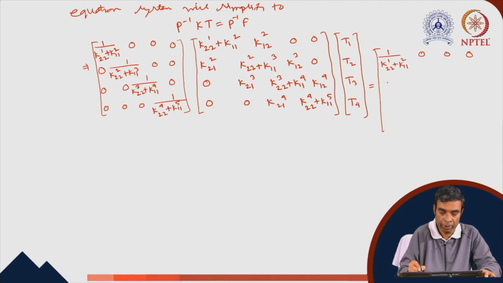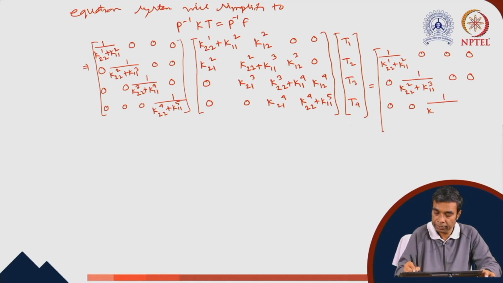In the second row we have 0, 1 by K^2_22 plus K^1_13, 0, 0. In the third row 0, 0, 1 by K^2_23 plus K^1_14, 0.